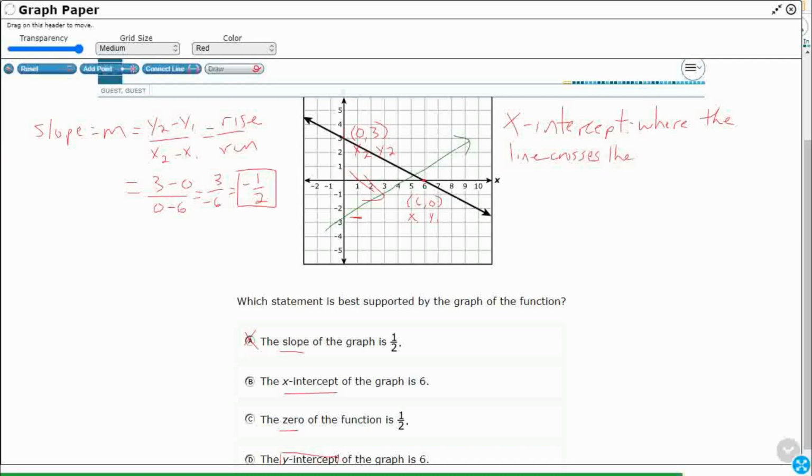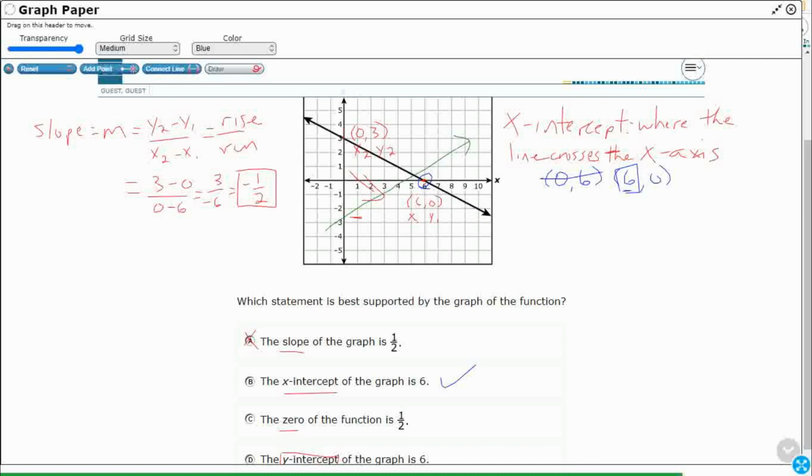That's why it's called the x-intercept. Sometimes this writing tool doesn't always work. There we go. So where does it cross the x-axis? Well, if I change it to blue there, it looks like it's 6. The 6 is my x value, but normally we'll just use the x value as our x-intercept. So it looks like the x-intercept is 6.